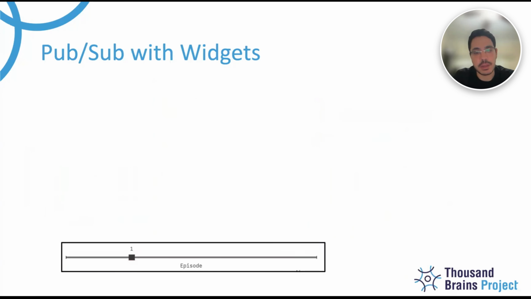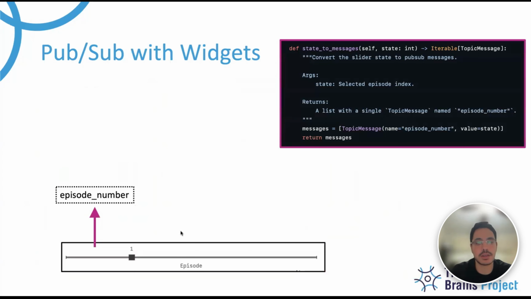So if we just look at the episode slider, in this case, we only wanted to output an episode number, right? So the way that I've defined this in code is using something called state to messages. The widget class is going to call these function names that I've defined. So this is the pattern that I'm using, but I'll go through that later. The only thing that we need to know here is that this is kind of like a payload function.